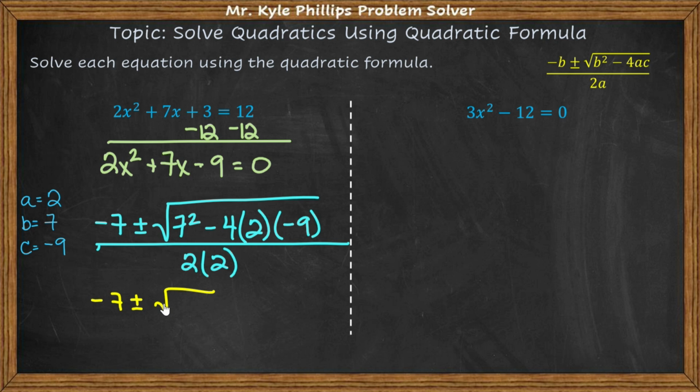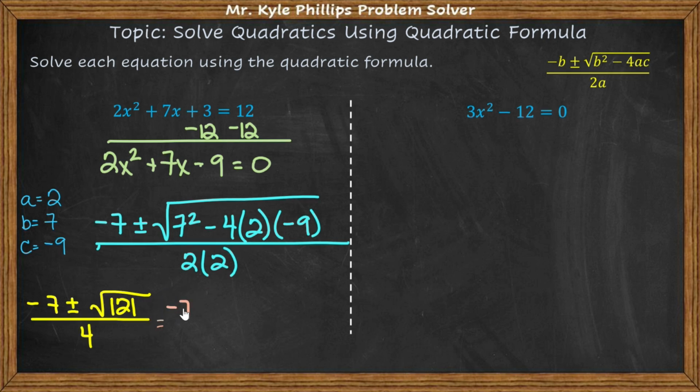That's going to give me 121. So here we have the square root of 121, and this is all going to be over 4. Here, the square root of 121 is 11. So here we have negative 7 plus or minus 11, and this is all over 4.